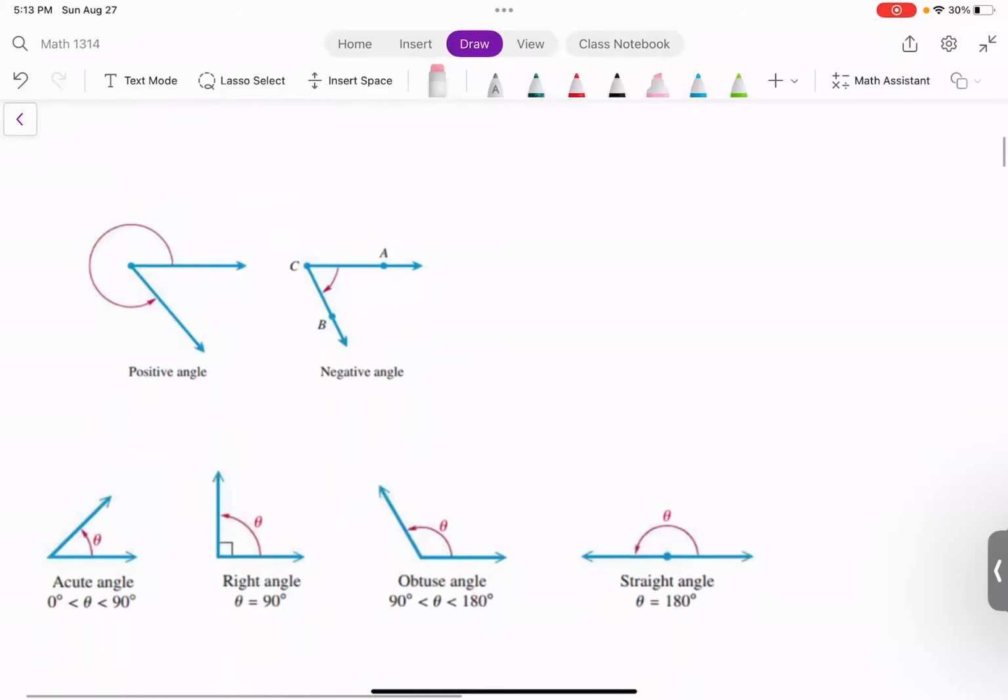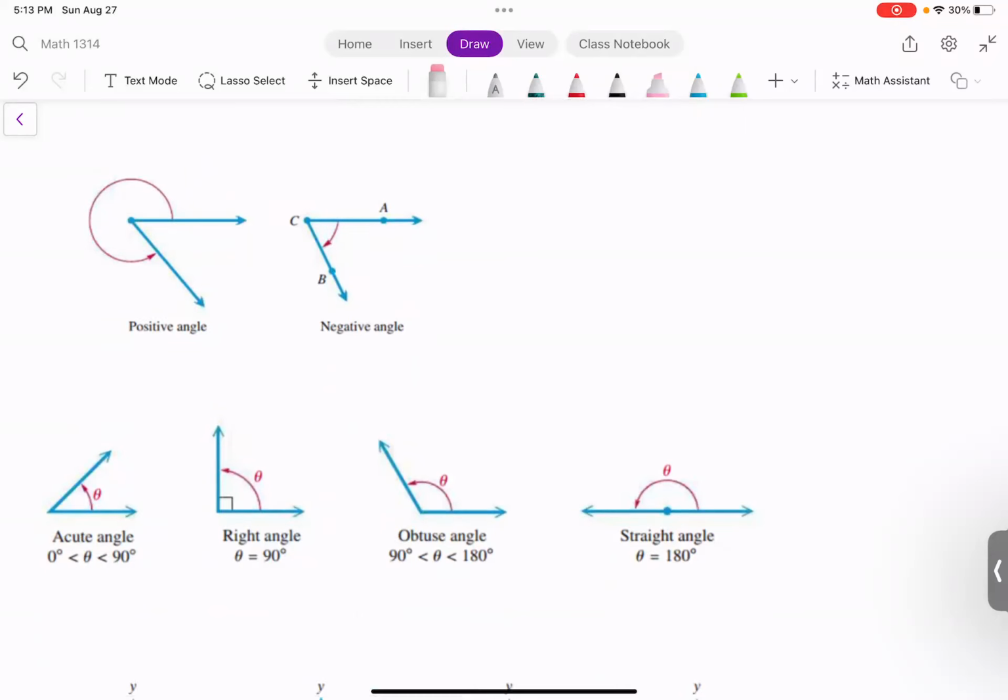If here we have the XY plane, for example, this is the x-axis, this is the y-axis. Then I'm doing the counterclockwise rotation. You see the pink, we're starting from the initial side, the positive x-axis, then all the way rotating counterclockwise, and stop here.